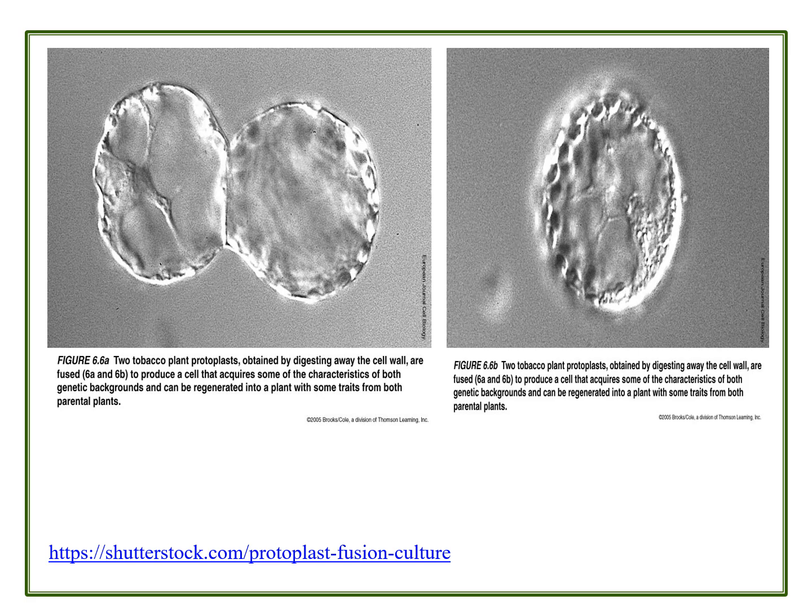This is the next picture, B. Two tobacco plant protoplasts obtained by digesting away the cell wall are fused. Here in the first one, the protoplasts are adjusting themselves and attaching to each other and form a single cell, a single protoplast.